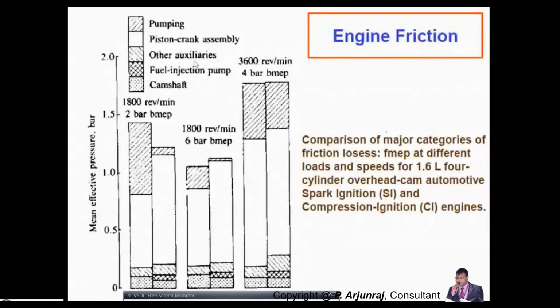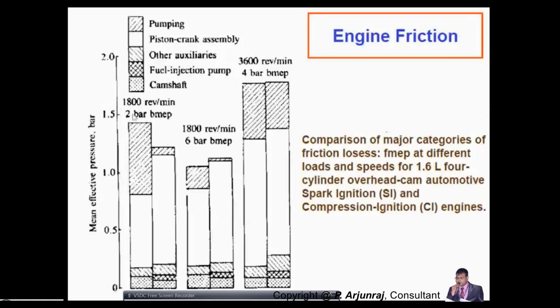The auxiliaries friction mean effective pressure, in terms of bar, is indicated in dashes in the opposite direction to that of the pumping. And the last important thing is the camshaft friction, measured in terms of dots. You also have the fuel injection pump friction mean effective pressure in the case of the diesel engine, and not with respect to the gasoline engine.